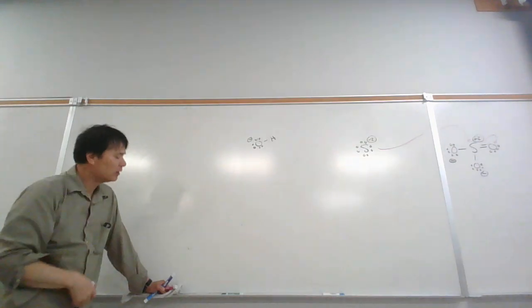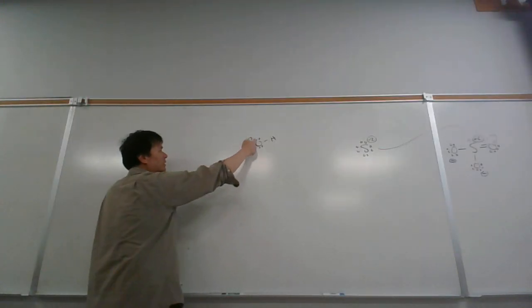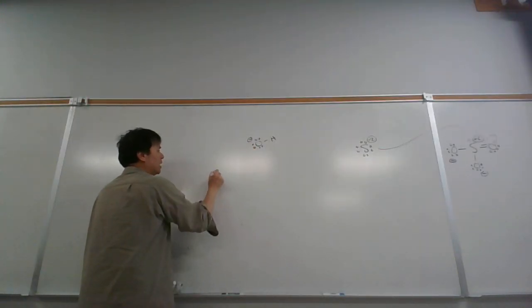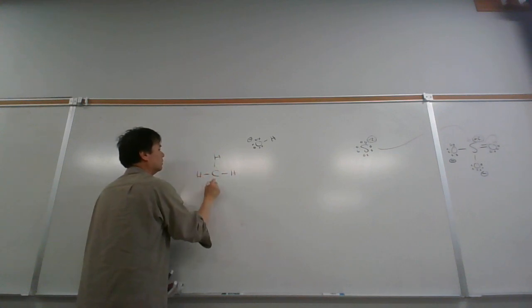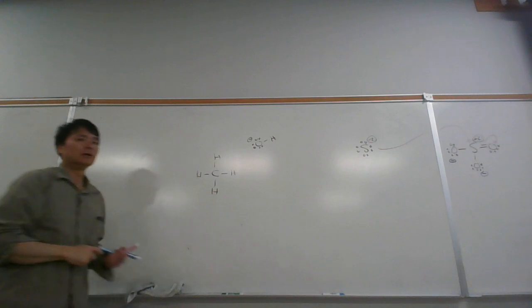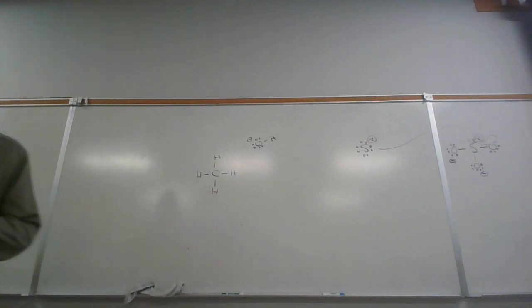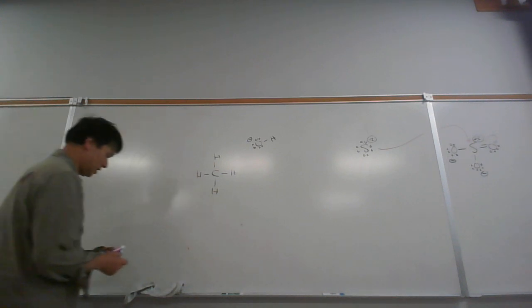We can donate one of its 3 lone pairs here. And let's try to get this to react with methane. What do you think the hydroxide will attack? Do you think it will attack the hydrogen or the carbon? Yeah, probably the hydrogen will be attacked.